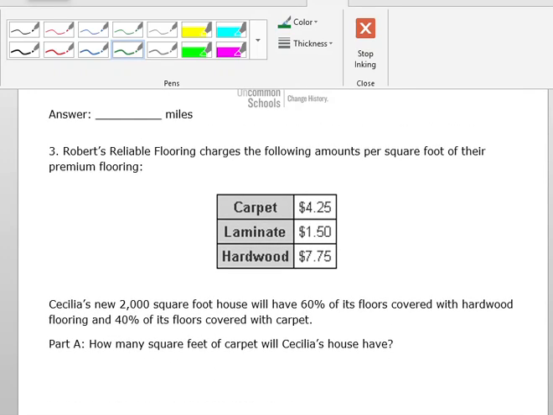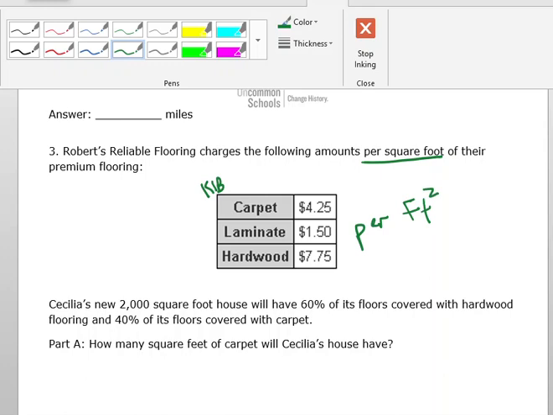First, let's go back and make sure we know what's going on at the beginning of this problem. Roberts Reliable Flooring charges the following amounts per square foot of their premium flooring. So this is part of my key information box. And I just want to add that all of these are per square foot.